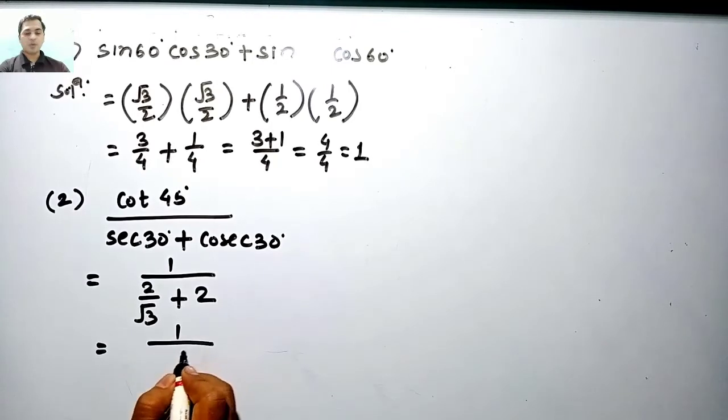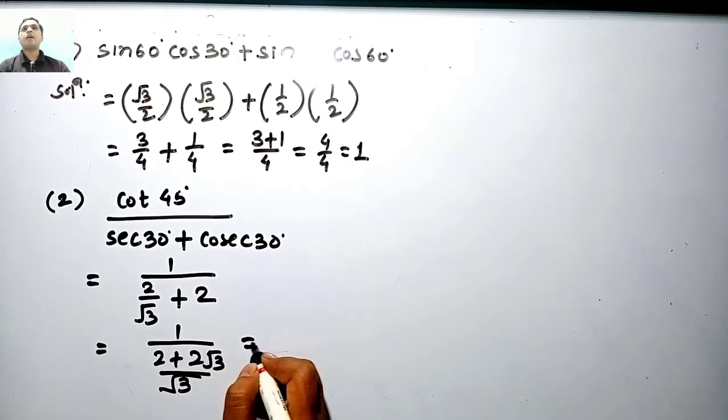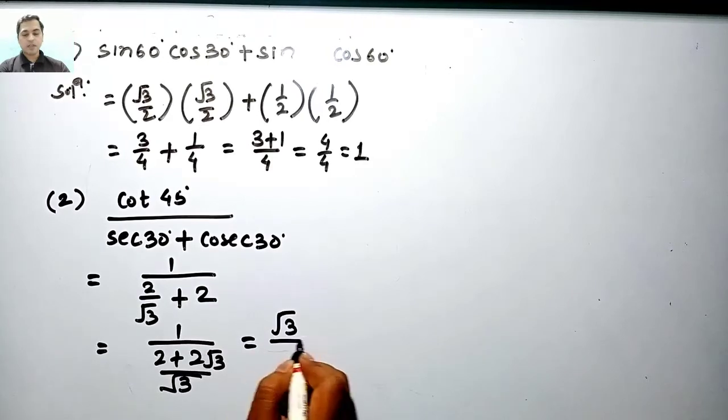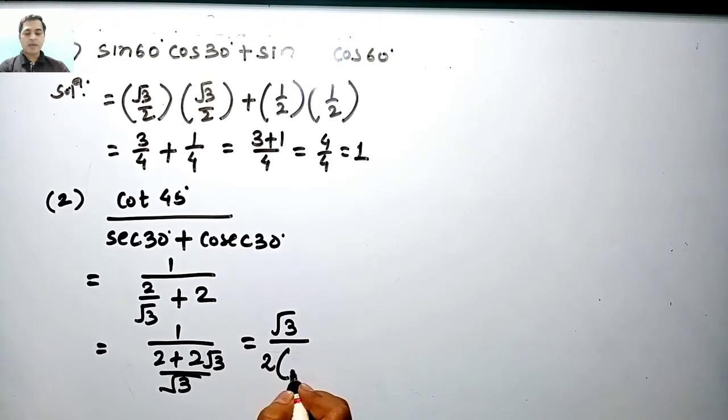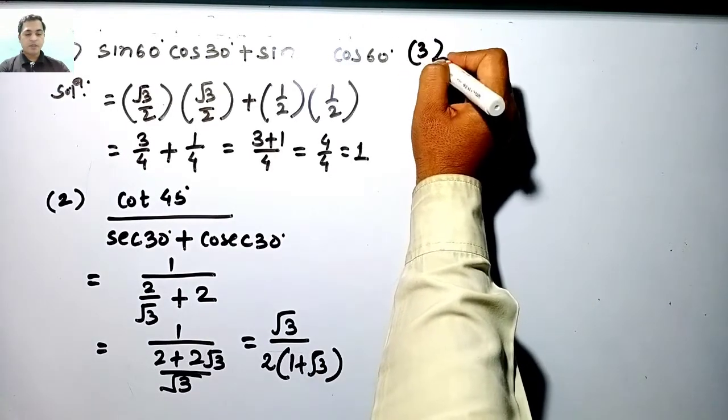So by simplifying these things, we are getting 1 upon 2 by root 3 plus 2, which is root 3 upon 2 plus 2 root 3. Root 3 will be common from here, so 1 plus root 3. Right? Okay. Let us see the next question.